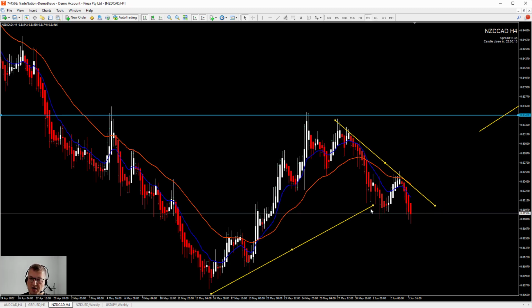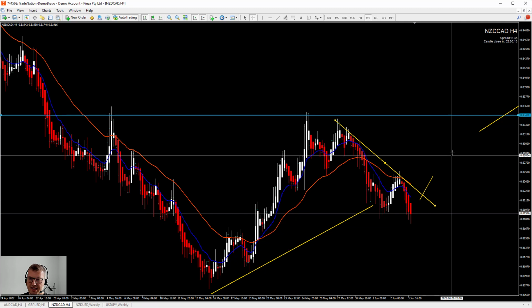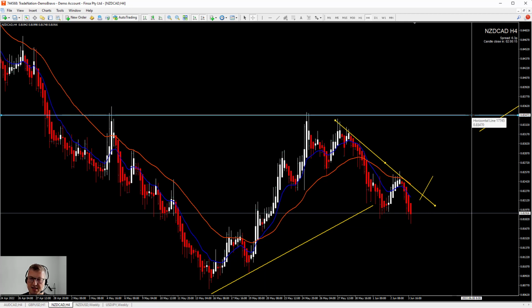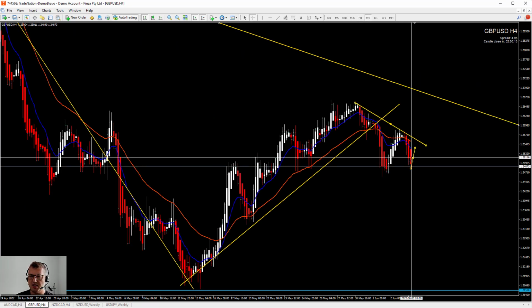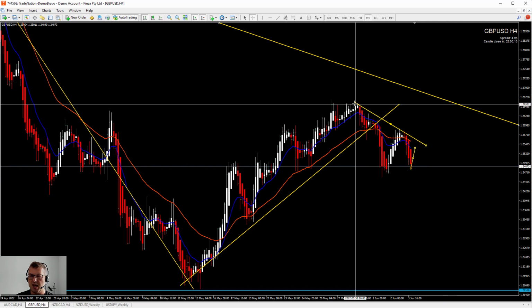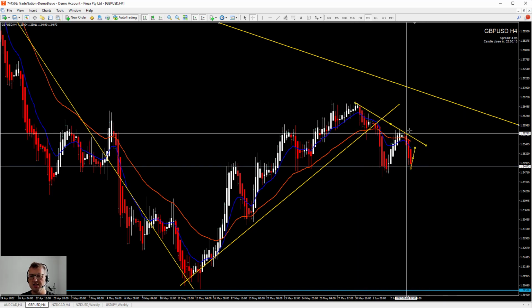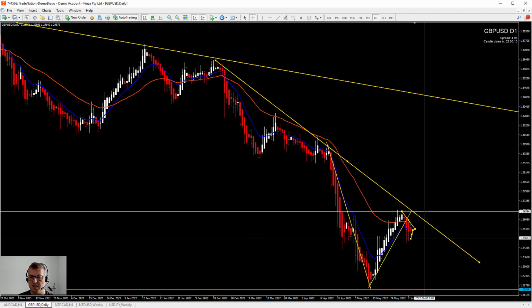But if you are a day trader, definitely after breakout of this area, you can try to go and buy this and target this resistance here because we can still have momentum. Same story for cable, yes? So if you are a day trader and you see that the price is not pushing down, but is going up, you can still try to take buy trades after breakout of this, target, of course, this resistance zone, which is, of course, here, yes?